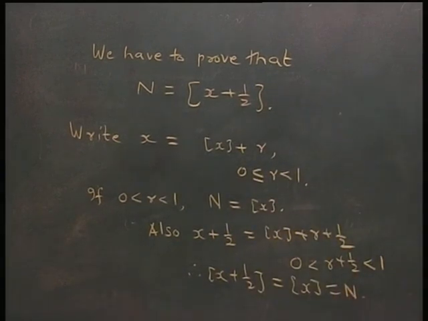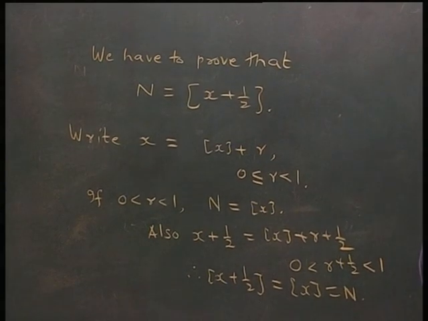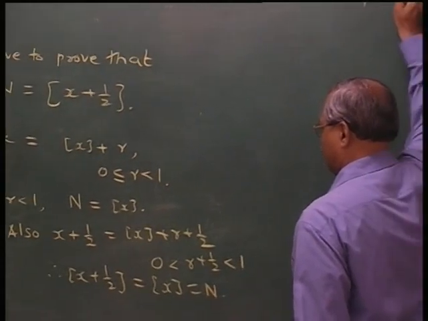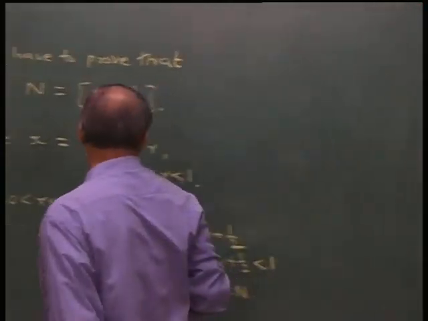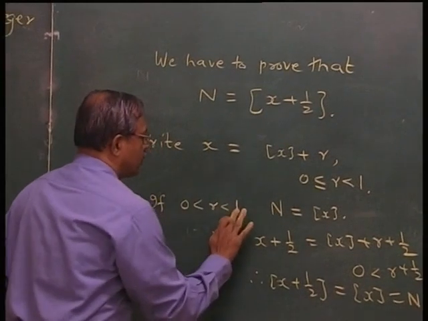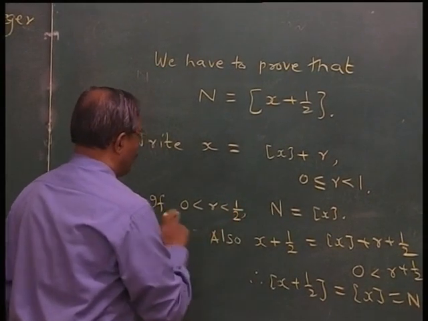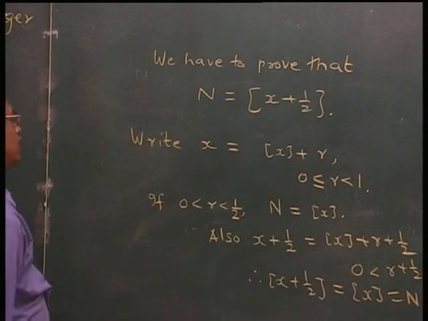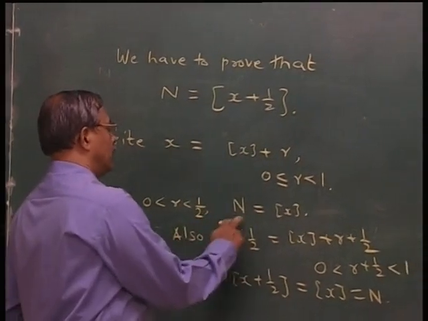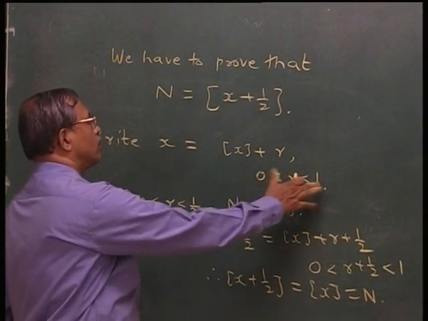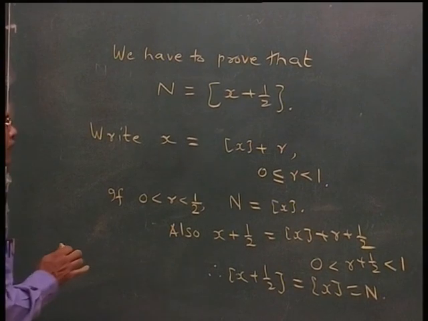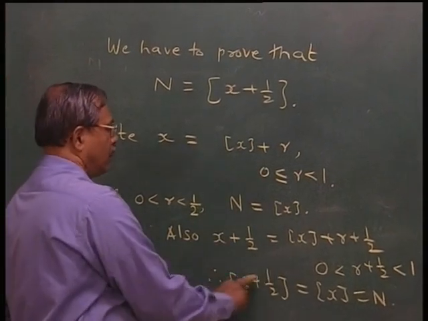Then take another case. Here I wanted to say 1/2. If 0 less than r less than 1/2, out of this I am making the first case 0 less than r less than 1/2.